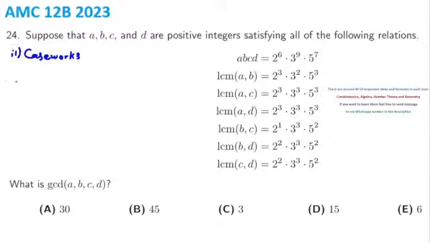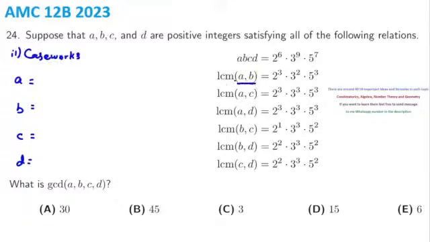And now I consider A, B, C, D. Okay, we have 4 values, A, B, C, D. First, because I want to find the GCD, the prime numbers are not related to each other. So I want to see what I can say about powers of 2.